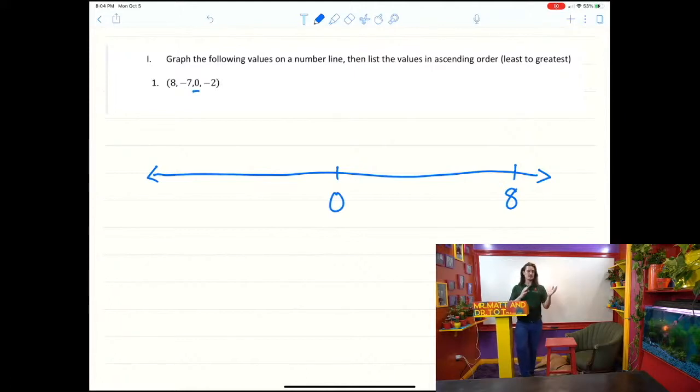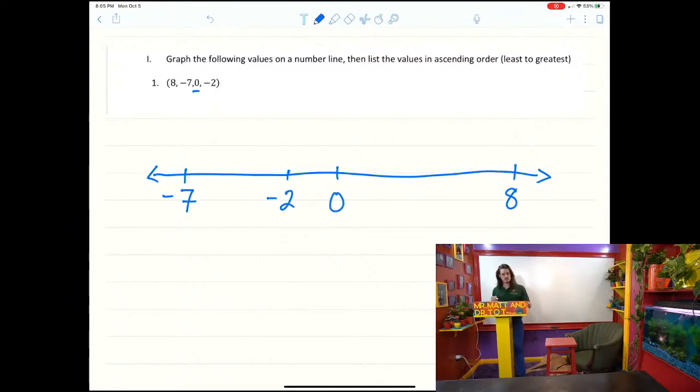Its absolute value is larger. It's farther from 0 on a number line, but it's farther from 0 in the wrong direction. It's more left than -2. So in ascending value, meaning least to greatest, we would have -7, comma, -2, comma, 0, comma, 8.